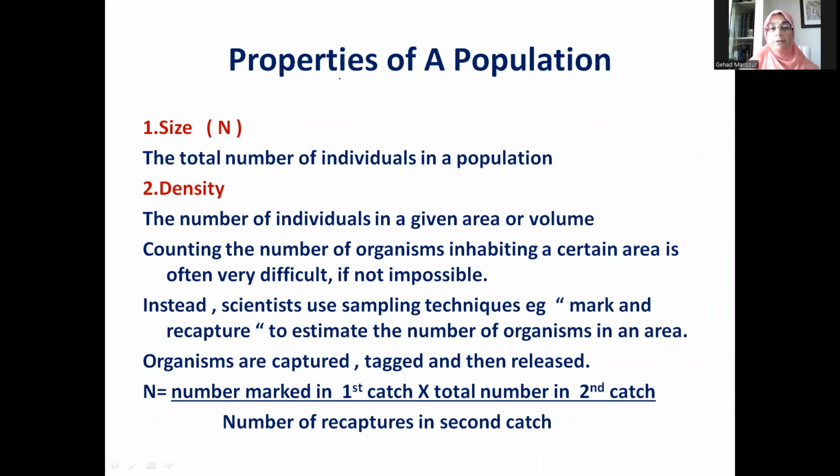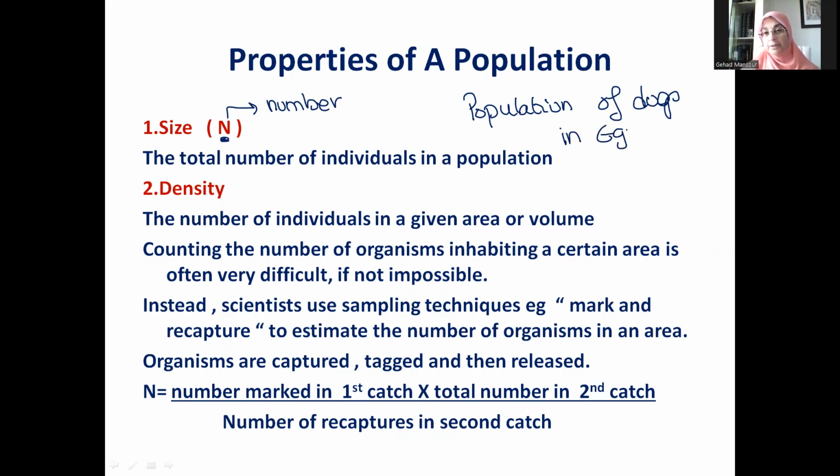Now, what are the properties of a population? First of all, the size. Of course, this is easy to remember because N denotes the number. So when we say the size of the population, for example, the population of dogs in Egypt, we specify the area, however big or small that area is, equals, for example, 1 million dogs.